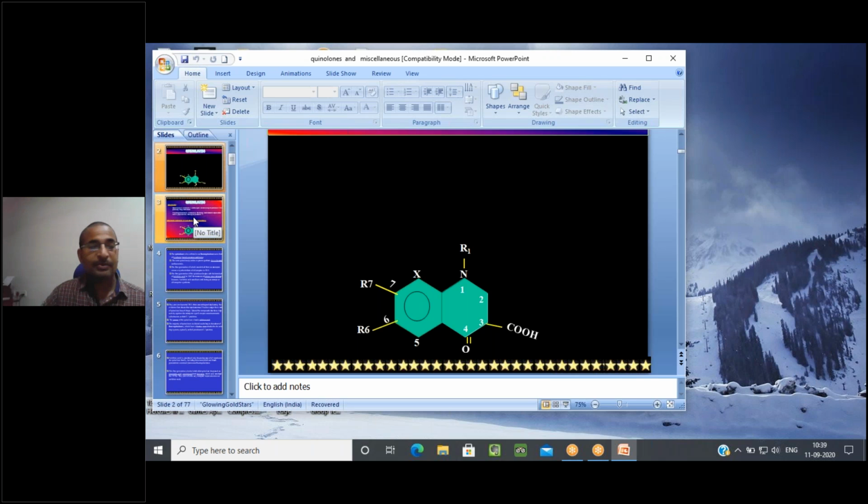Each group of antibiotics will have some distinct mechanism of action. So each group has its own type of mechanism of action.